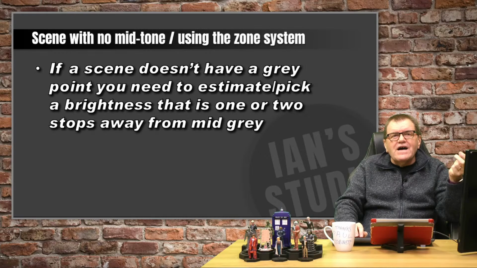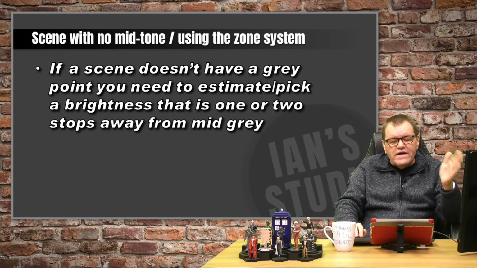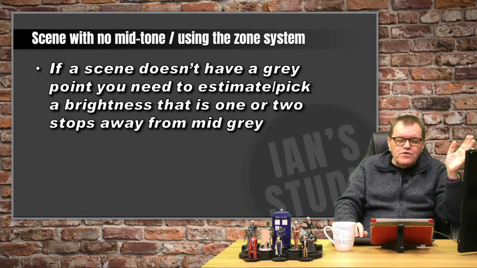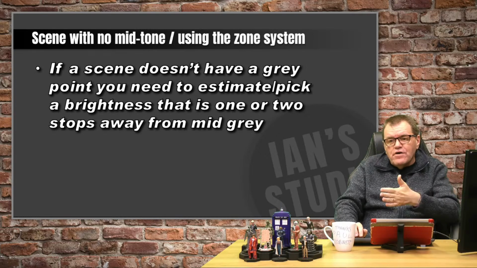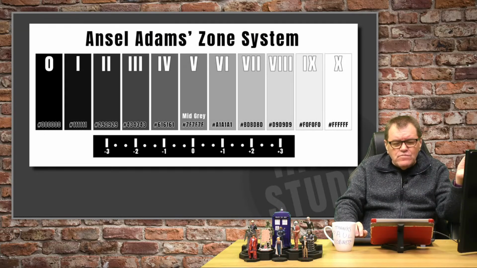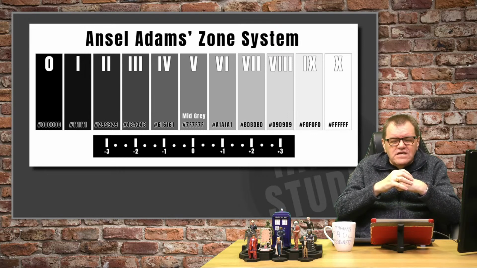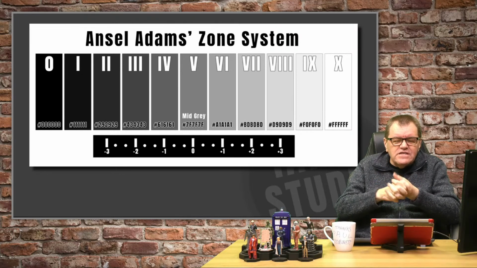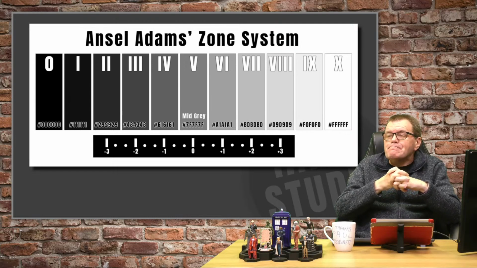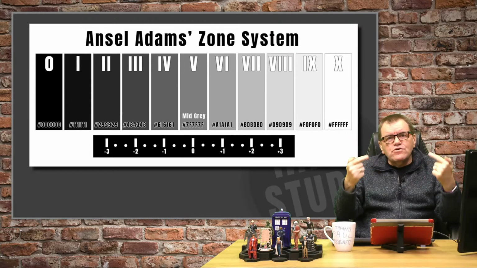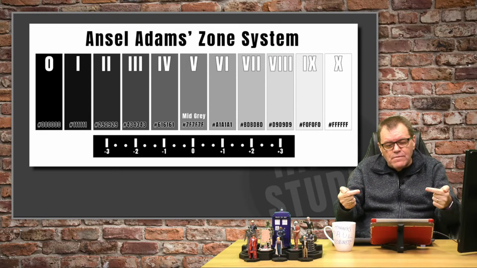Well, if it doesn't have that mid-grey point, skin tone, brickwork or grass in there, you need to find a point that you estimate is a known number of stops away from mid-tone. So pick something that you think is going to be 1 or 2 stops away from mid-grey, either brighter or darker. And if this all sounds a little bit familiar to you, the other week I looked at Ansel Adams' zone system, and this is where we're effectively using the zone system.